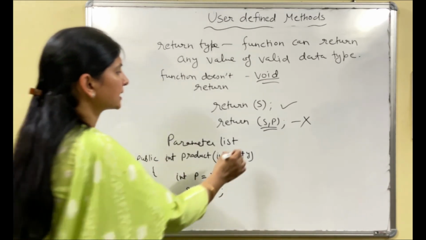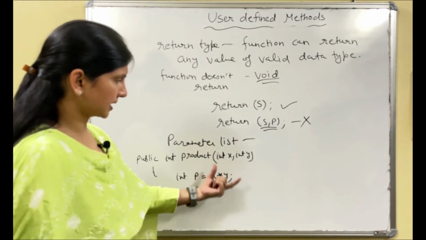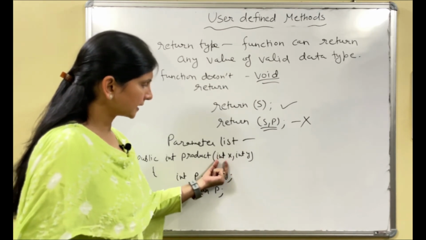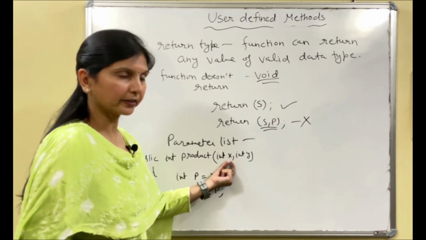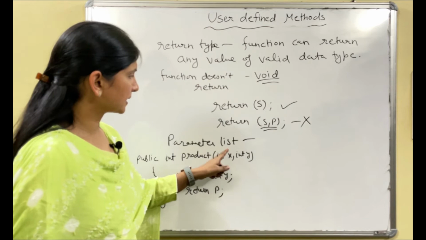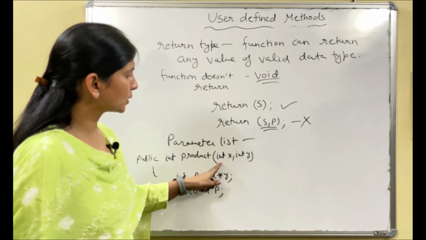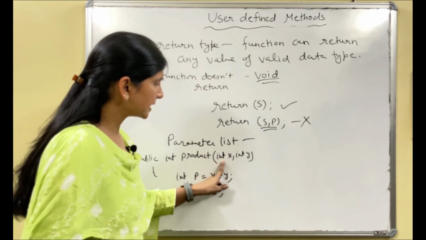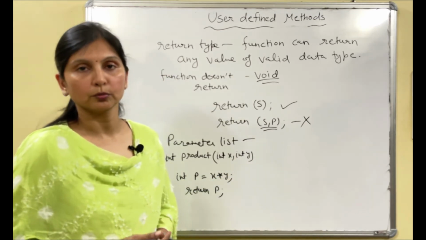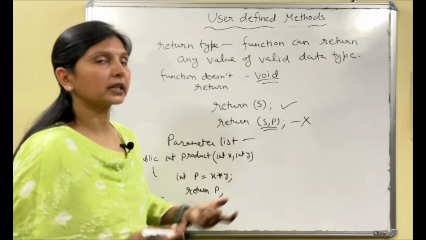So what is a parameter list? A parameter list can be defined as a sequence of data types and identifiers separated by commas. This is also called the argument list.